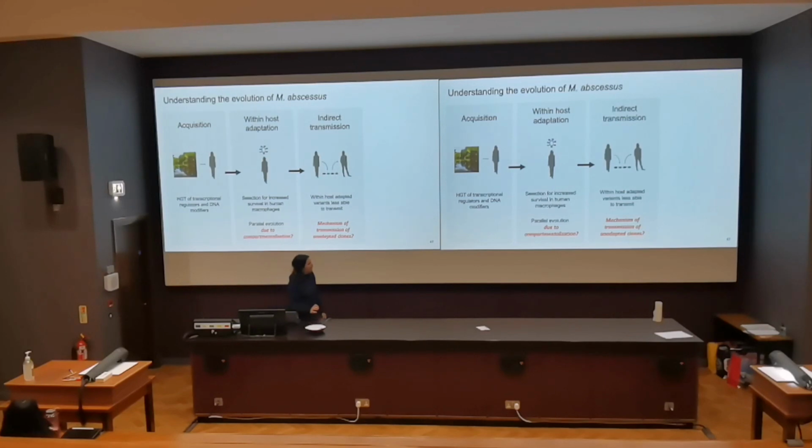First of all, it bothered me that we saw parallel evolution, and I hypothesized it was due to the anatomy of the lung, but we hadn't actually shown that. So I wanted to show that. And secondly, we do see lots of transmission of Mycobacterium abscessus between people. So I wanted to understand how that was happening despite this adaptation having a fitness cost. These sort of conflicted with each other.